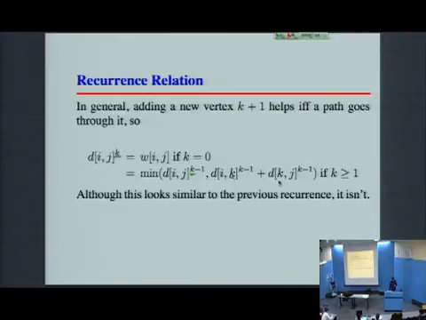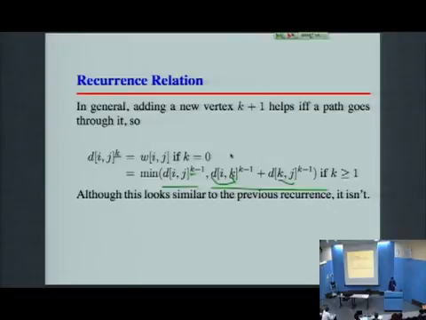Because this is important to see. If we have a path that's going through our new choice k, we are explicitly driving the path through it by saying I have to get from i to k and I have to get from k to j. Either I'm allowed to use my last degree of freedom, I'm going to use my last degree of freedom, or I'm not. Any questions?